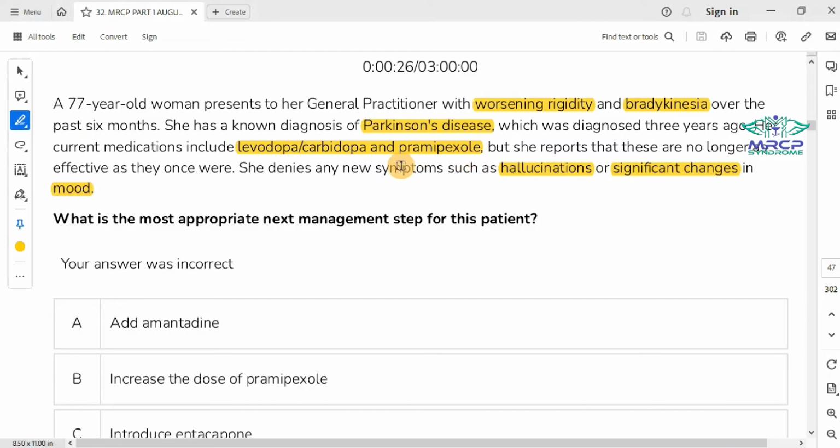The patient has reported decreased effectiveness of her current regimen, likely due to the wearing off phenomenon. The wearing off phenomenon usually occurs in Parkinson's disease as the disease progresses and the duration of levodopa's effects becomes shorter, leading to the resurgence of the motor symptoms before the next dose.